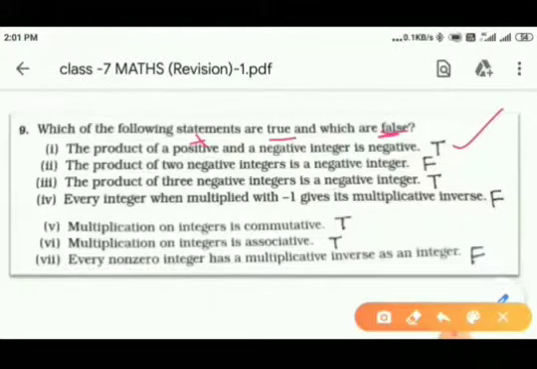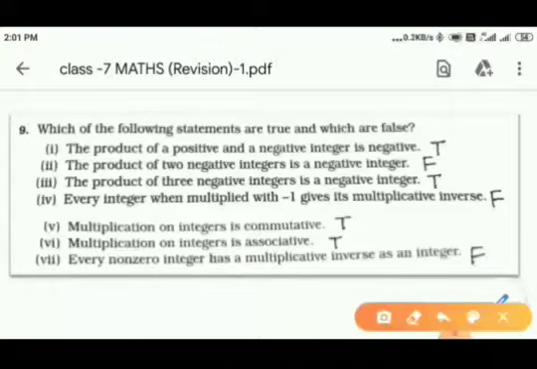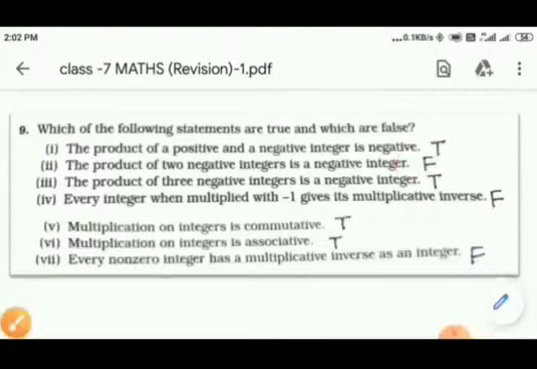The product of two negative integers is a negative integer. Children, if we take two negative integers, minus and minus, and multiply them, minus minus becomes plus. So the product of two negative integers is not negative, it is a positive integer. That's why this statement is false. The third one is the product of three negative integers is a negative integer.